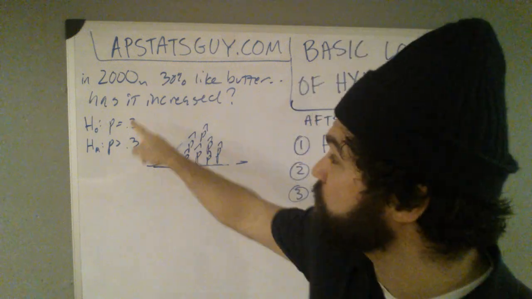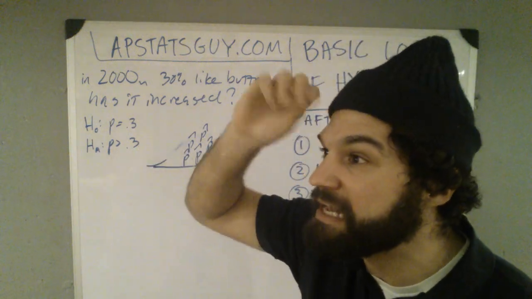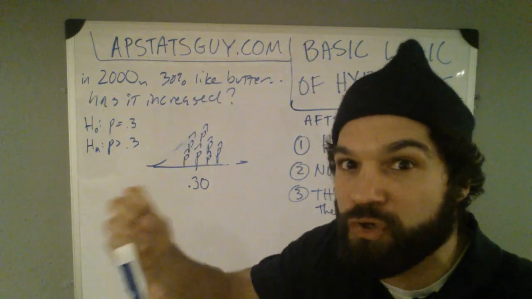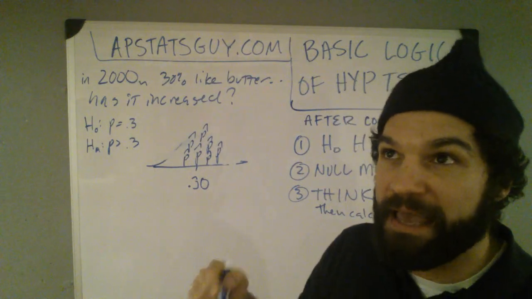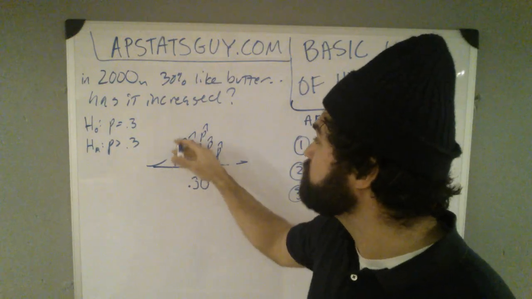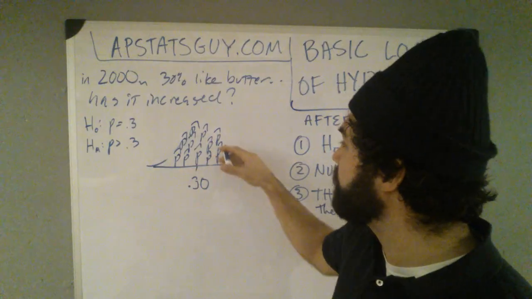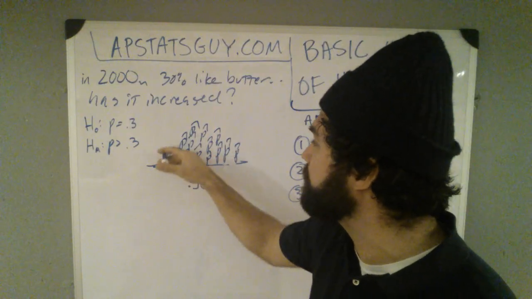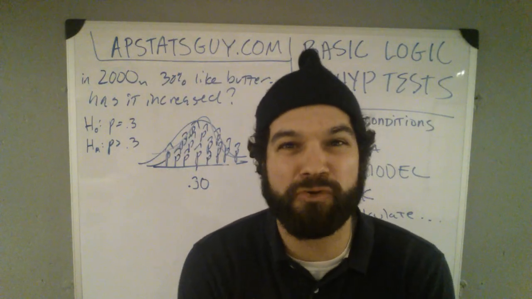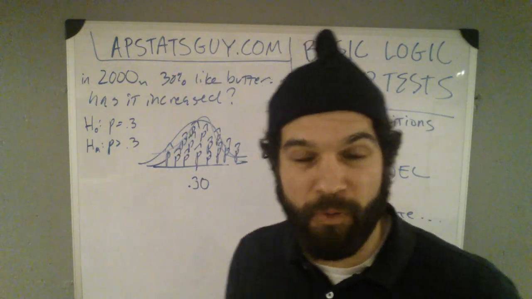So after you write your Ho and your Ha, you pretend in your mind, yes, let's pretend 30% do still like butter. And then imagine taking thousands and thousands of samples. Won't most of those sample statistics be somewhere around 0.3? And the answer is yes. Most of my p-hats will be near 0.3.